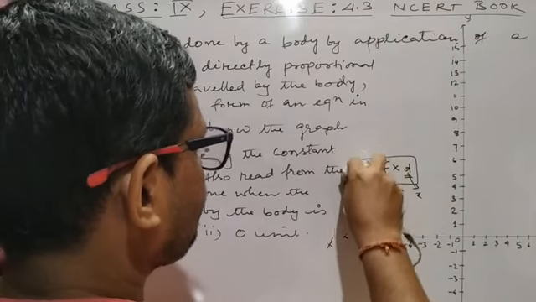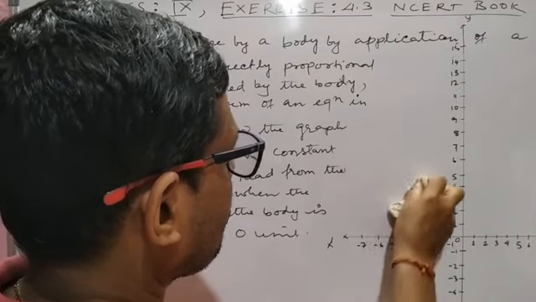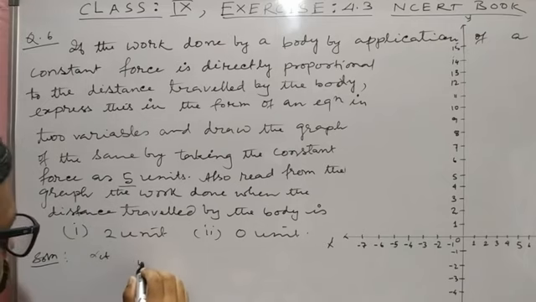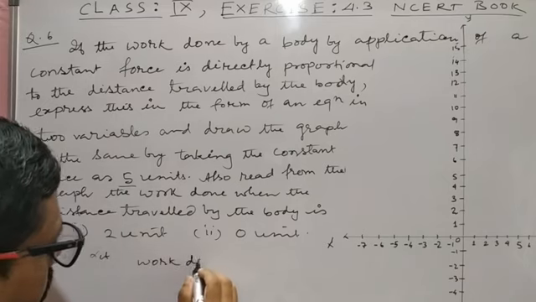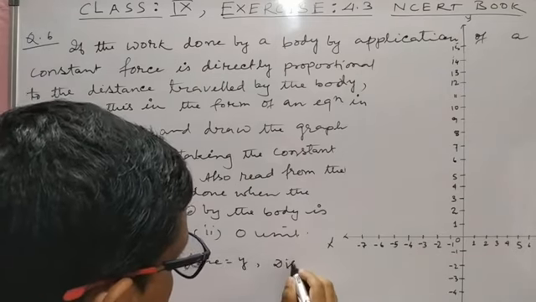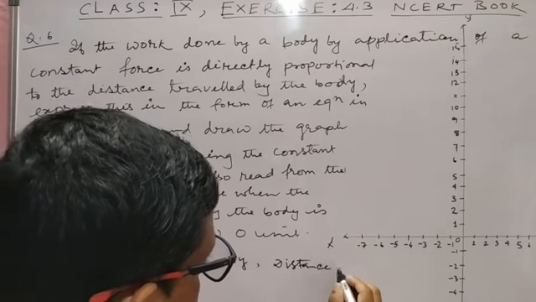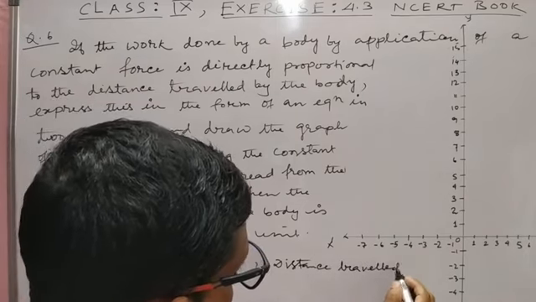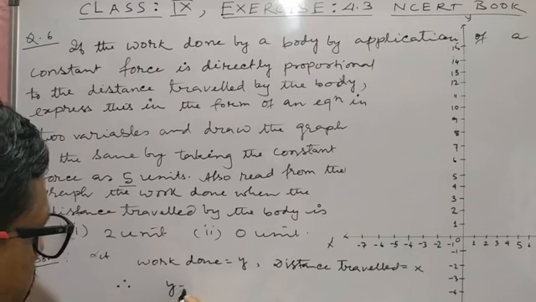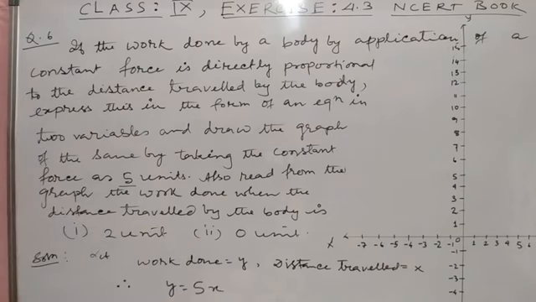So, solution: let work done equal to Y and distance traveled equal to X. Therefore, Y equal to 5X.